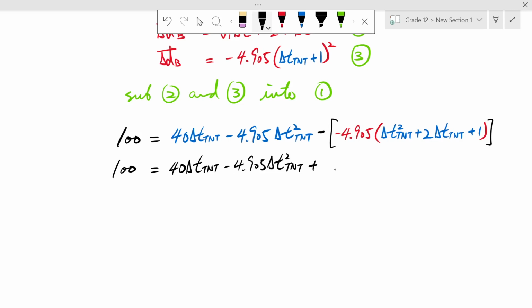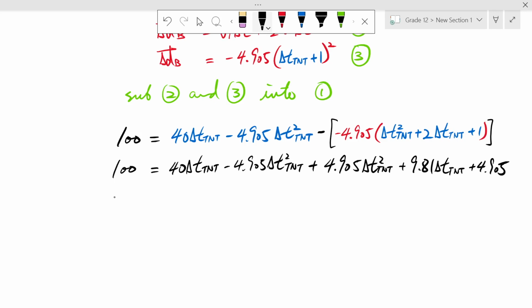Then plus, after simplifying this a little, positive 4.905 t squared TNT, then plus 9.81 delta t, and plus 4.905.